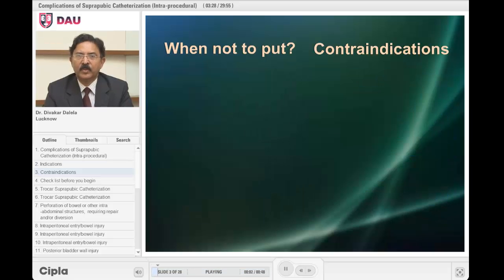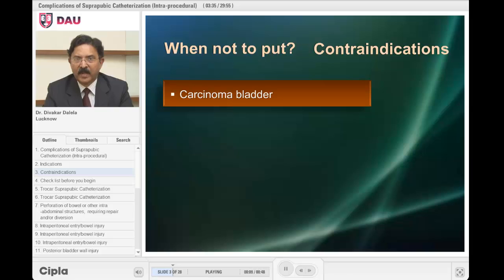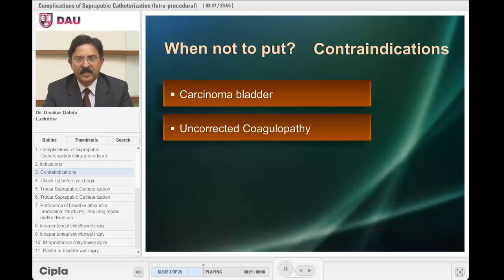Also important to know is when not to put the suprapubic catheter. In patients of cancer bladder, never ever put a suprapubic catheter, because the cancer cells will disseminate along the tract and will worsen the cancer disease. If anybody has uncorrected coagulopathy, this procedure should not be done.